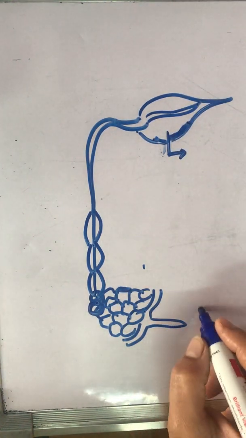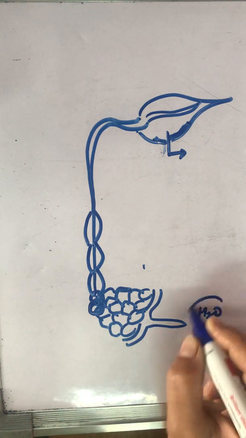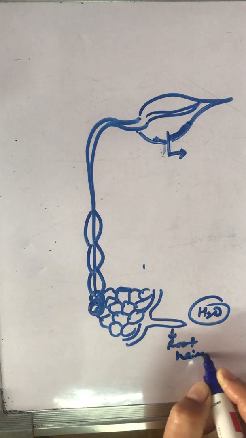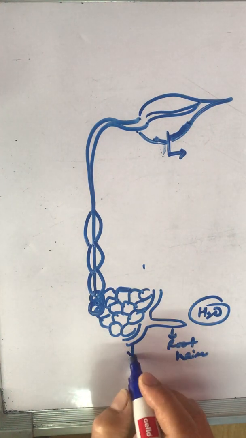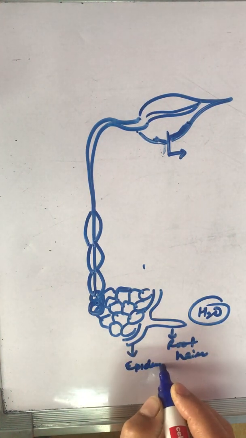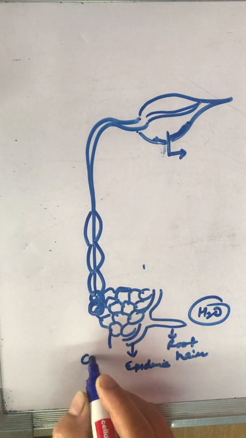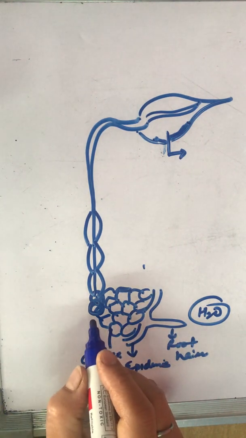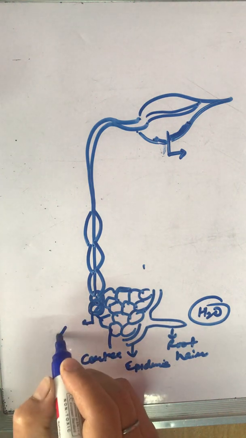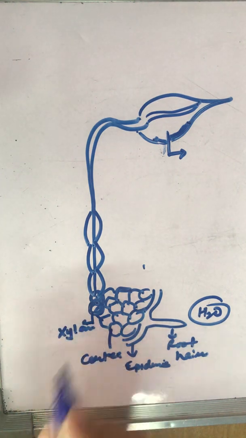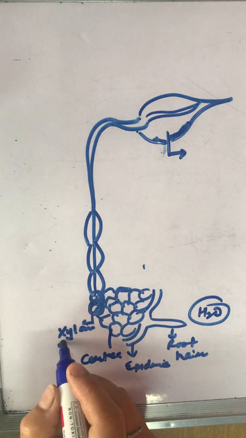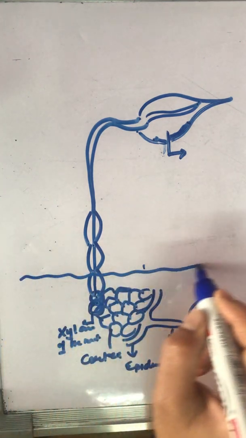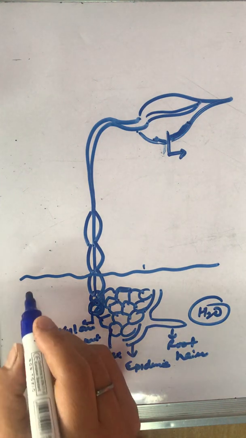First of all, how does the water go? Water moves from the root hair, then to the epidermis, then to the cortex, then to the endodermis region, and finally reaching the xylem of the root. Then here comes the soil surface, right?